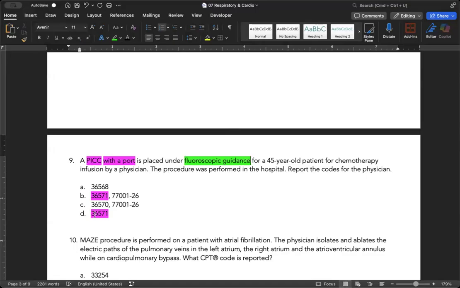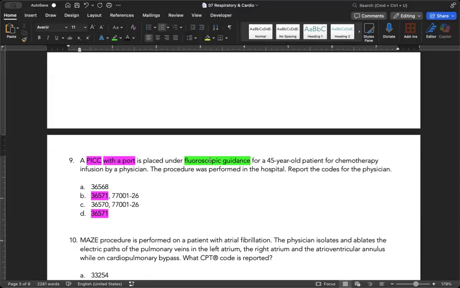Is there any mention in the code description or parenthetical notes or the guidelines that the fluoroscopic guidance is going to be reported separately or included? There's no parentheticals about fluoroscopic guidance.